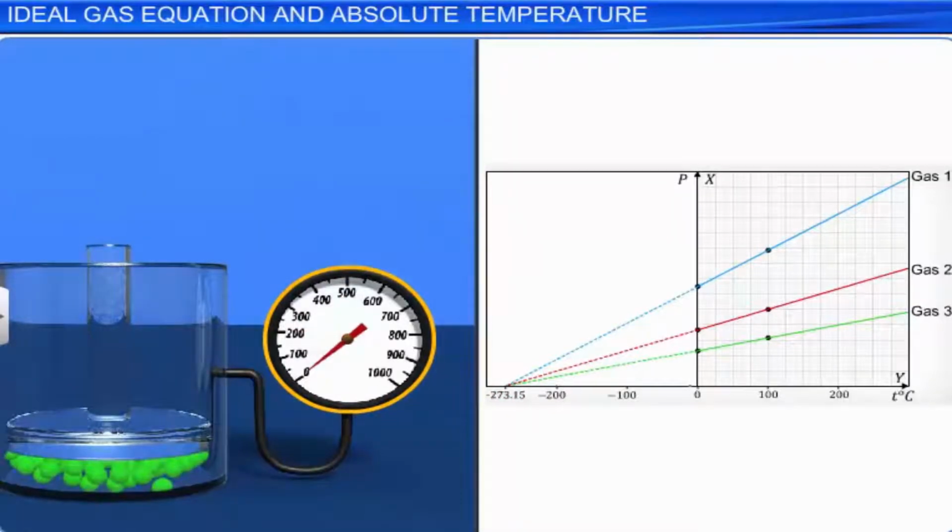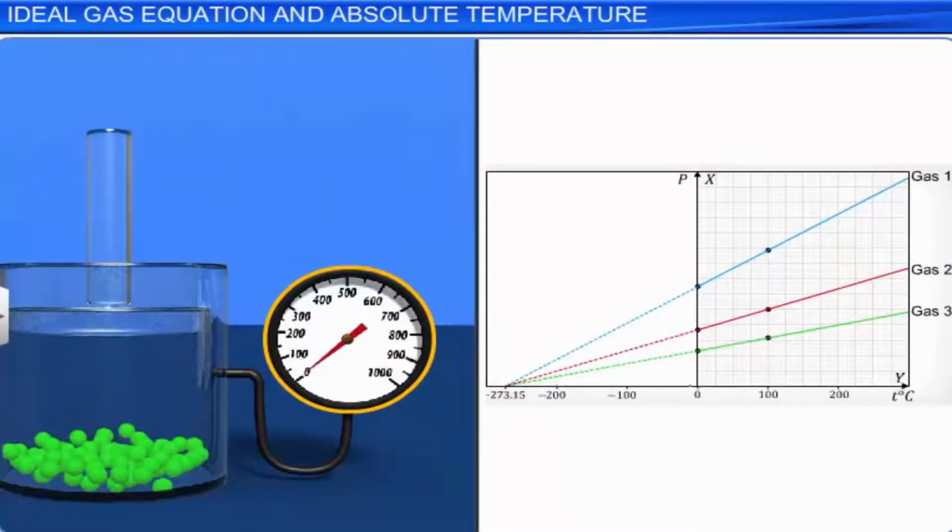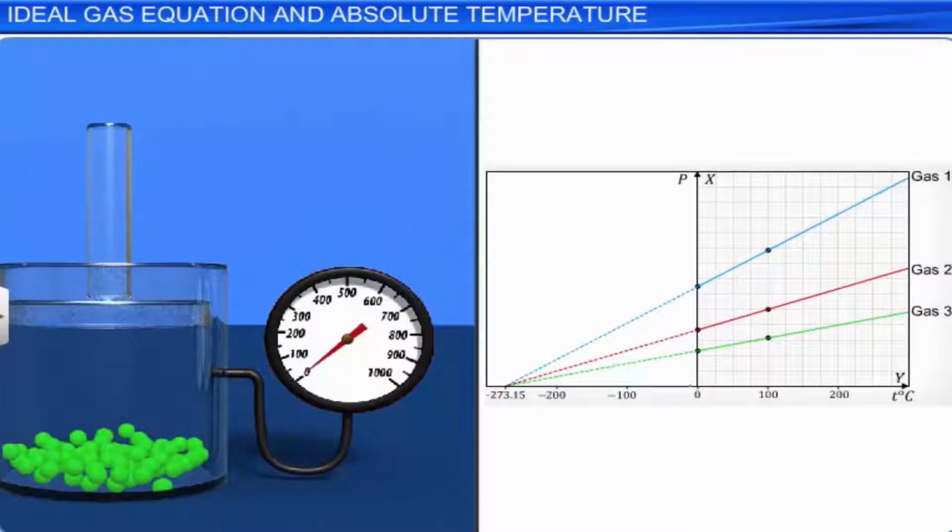In fact, at this temperature, the average kinetic energy of gas molecules becomes zero. As a result, they cease to move and settle at the bottom of the container, and the pressure exerted by them reduces to zero.